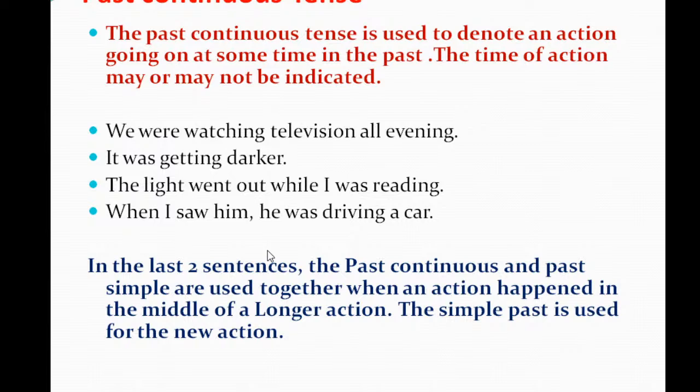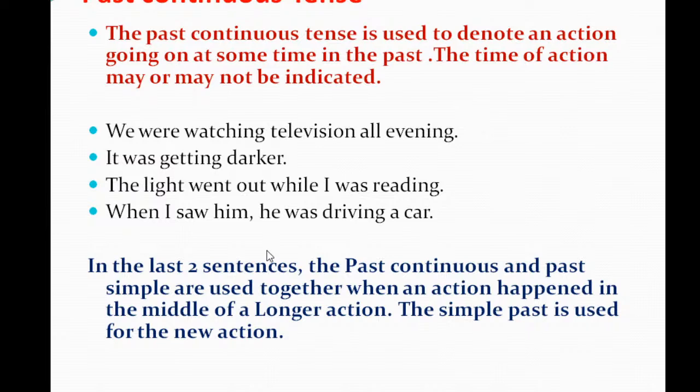We watched television all evening. When we say we watched television all evening, it is a simple past tense, right? That means the event is over and it's a past form. But when we say we were watching television all evening, it's the continuous form of the past tense.